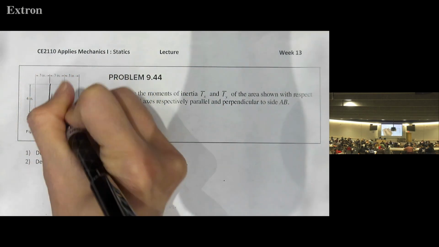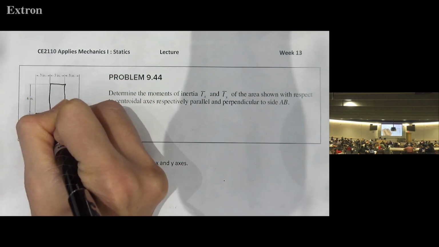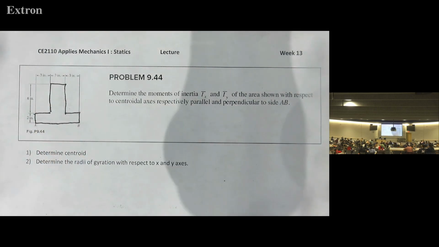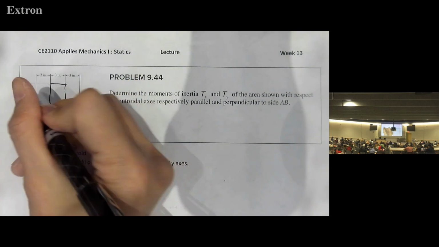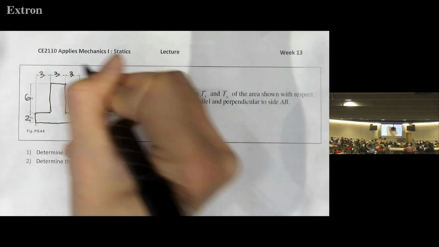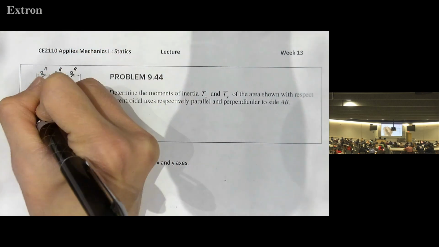Okay, sorry about the blurriness as well. So the shape is this upside down T shape, and this is 6, this is 2, and these are 3 inches. So everything is in inches.